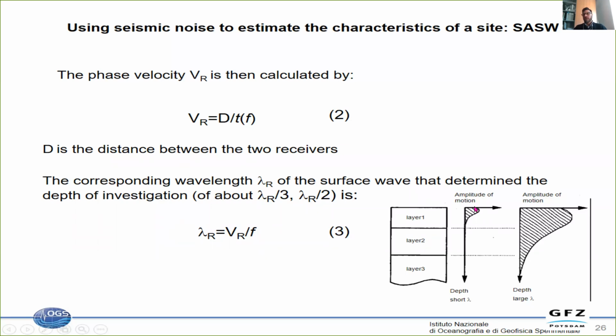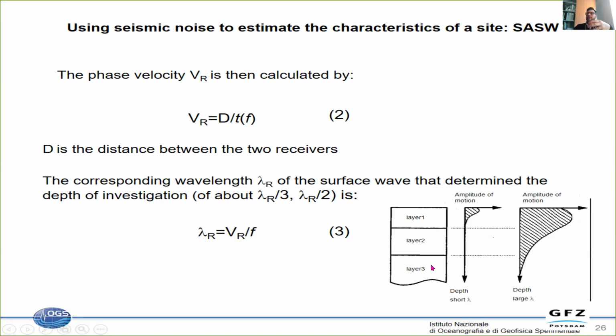So the high frequencies, so small wavelengths, do not penetrate much into the Earth, so they only propagate in the shallow layers that generally have low velocity. The low frequencies have long wavelengths and penetrate more inside the Earth, so they propagate not only in the first layer, but also in the deeper layers.